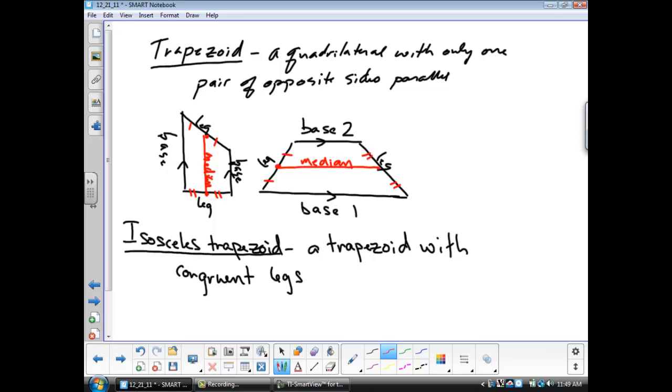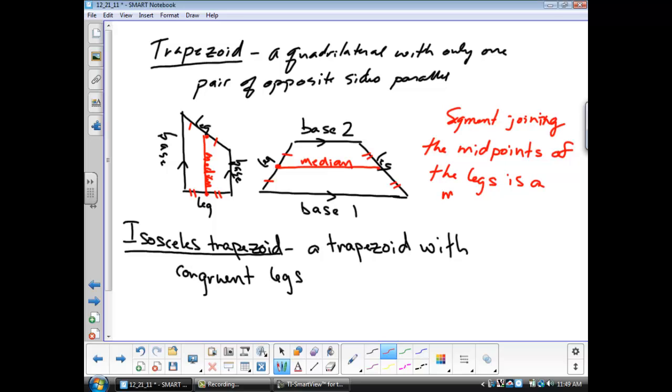So the segment that joins the midpoints of the legs of the trapezoid is called a median.